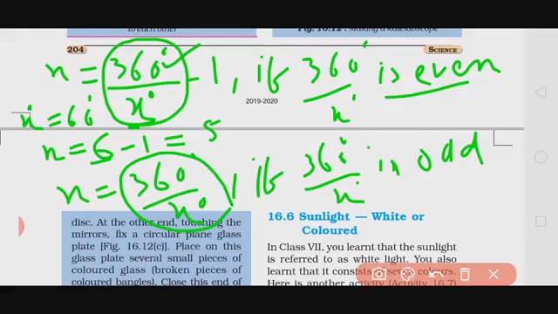This will remain as it is. So the formula is N is equal to 360 divided by x degrees minus 1.